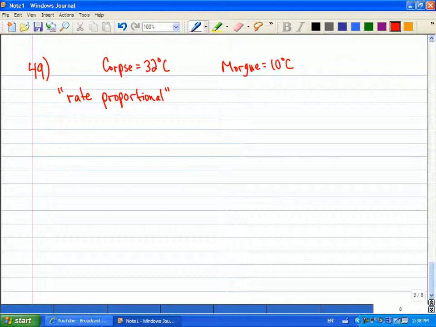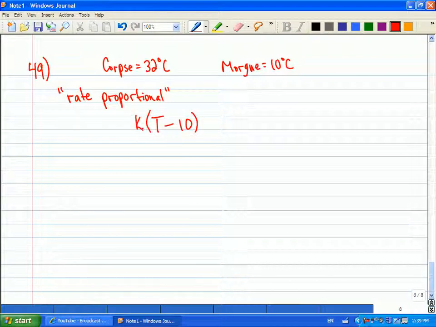How are you doing this magical calculus in your head? Because you're smart, yes. But what are you doing in your head? Just tell me how you're getting the number. You're just subtracting, right? So basically you're taking the temperature and you're taking away the 10 degrees. That's how much energy is left in the corpse. This is what is decaying at a rate proportional.